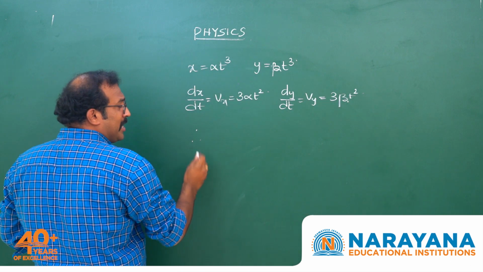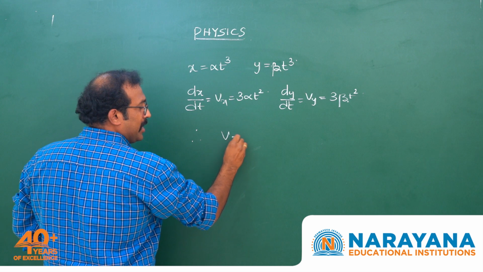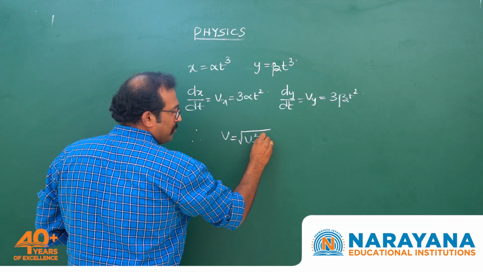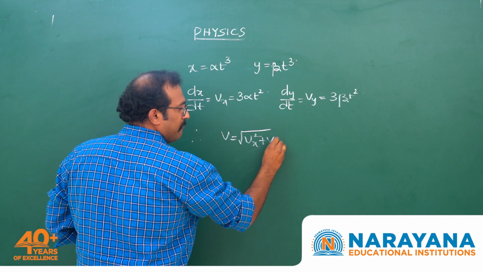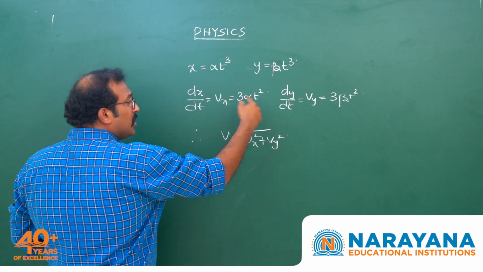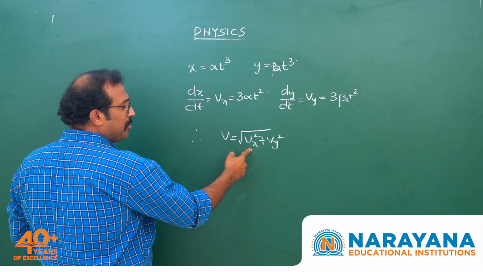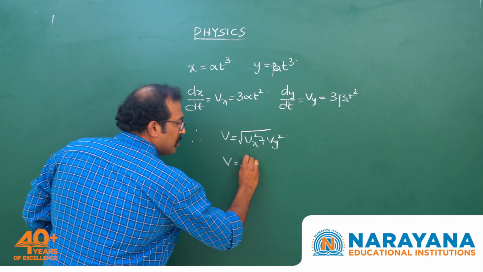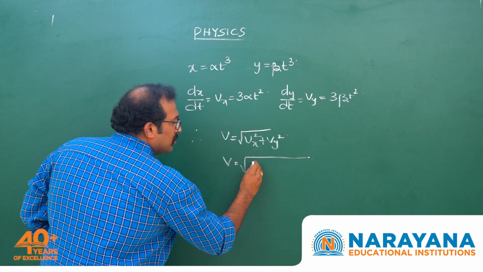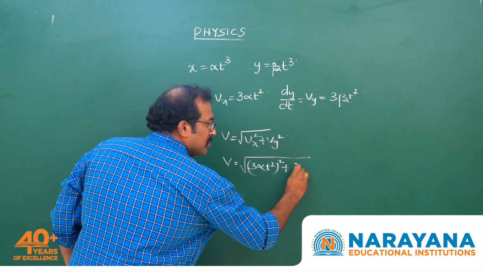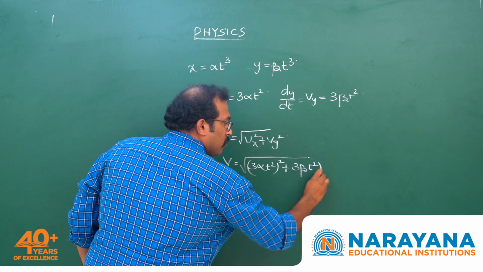Therefore, the net speed of the particle is given by v is equal to root of vx square plus vy square. If you substitute the above equations of vx and vy, we get the net speed of the particle as v is equal to root of (3 alpha t square) whole square plus (3 beta t square) whole square.